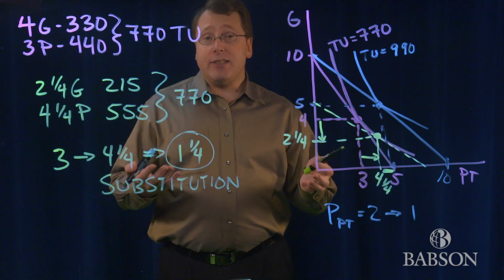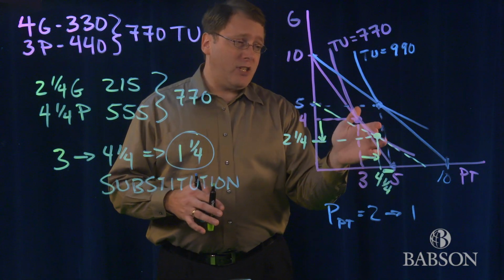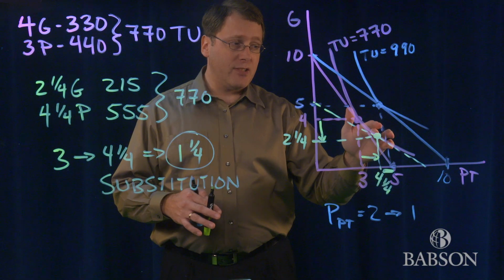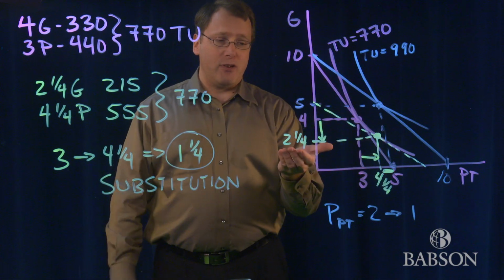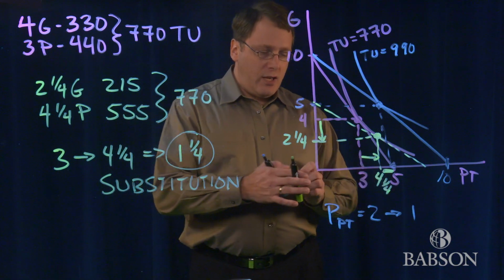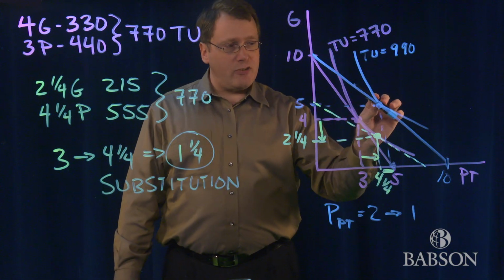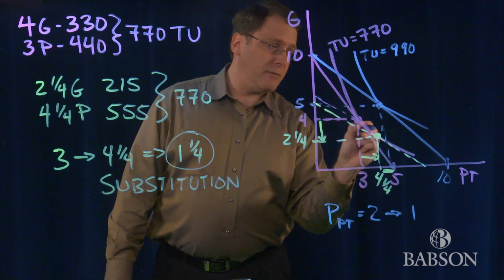Now, it turns out there is another way to approach that because one of the concerns here with this new optimal point on that original indifference curve is, well, given the consumer's budget, I actually can't afford 2 1/4 and 4 1/4. And so one way to approach this is to say, well, what if we take that budget constraint with that new slope, but go through the original point?